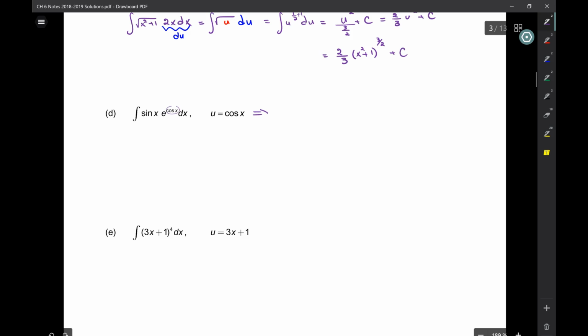So now du is sine x dx. So you see how they're built? When you take du, that automatically gives you the stuff outside. So look, sine x dx, that's du. You see that? So look at what happens now. I have e to the u, and then sine x dx is du.